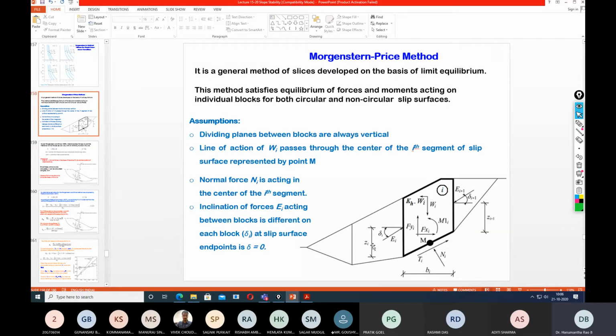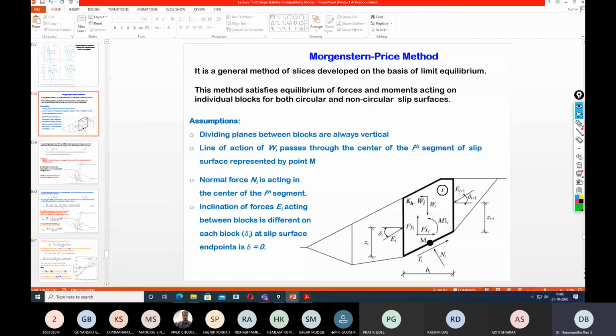It determines the interslice forces, and based on that the factor of safety is calculated. The third important point is that it also considers the surcharge as a function of a mathematical equation. So it is immaterial whether it is a uniformly distributed load, a point load or any other type of loading. These are some fundamental assumptions involved in the Morgenstern and Price method.